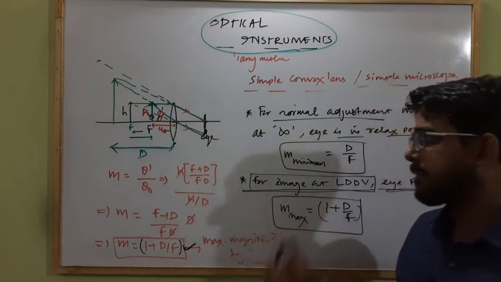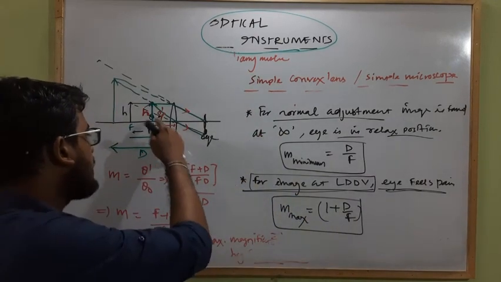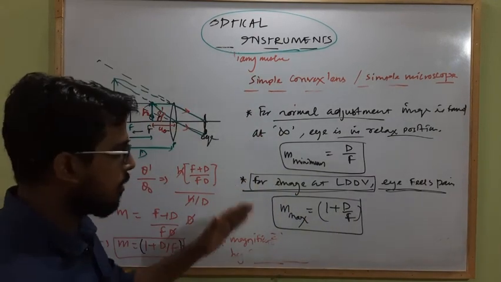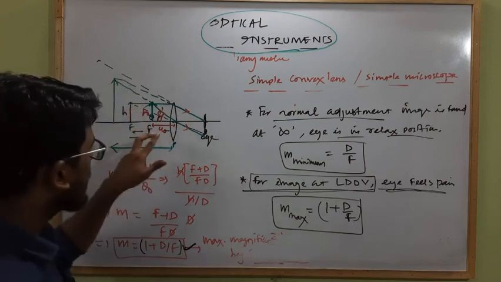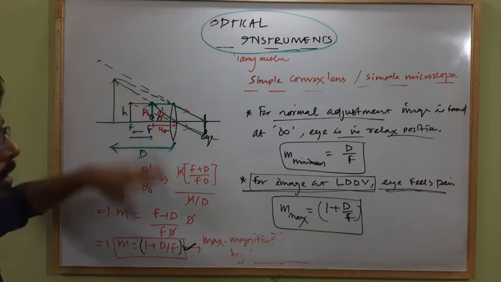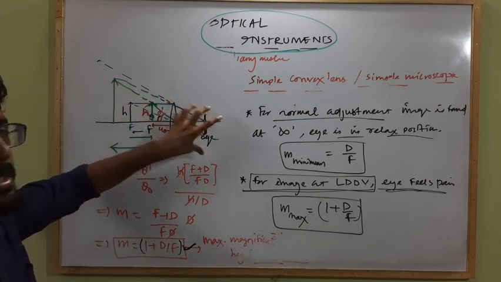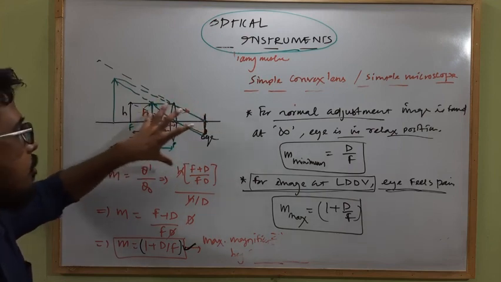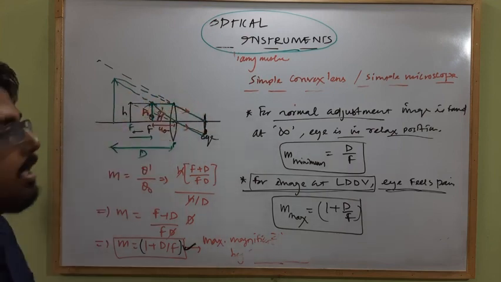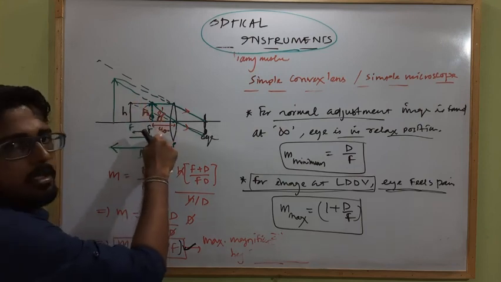Clear? In the next class we will study what to do if the object is not clear. Further, if we place the object at u naught for which the image is formed at the least distance of distinct vision by using a simple microscope, but still the image formed at the eye is not that clear, or we are not able to see the object more clearly, can we further decrease the object distance?